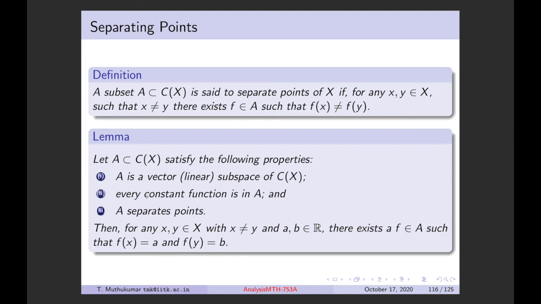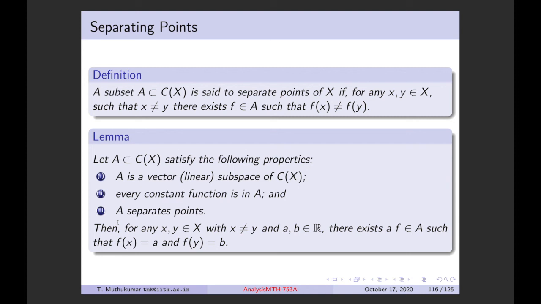If these three properties are satisfied by a subset of C(X), then given any two distinct points x and y, and any two real numbers a and b, you can choose a function f in the subset such that f takes the value a at x and b at y. So you choose two arbitrary real numbers and two points of the topological space X, then you can find a function which takes the desired value at a desired point. That's what this lemma tells you.